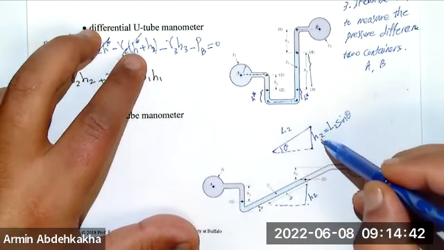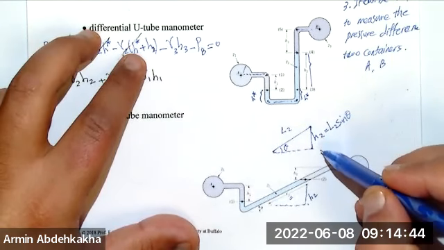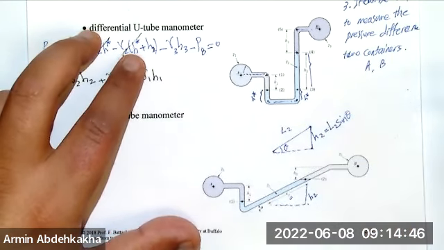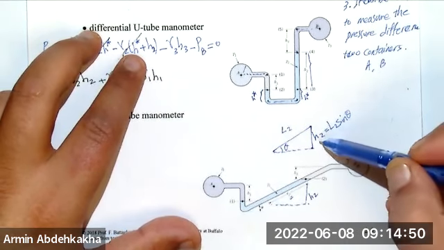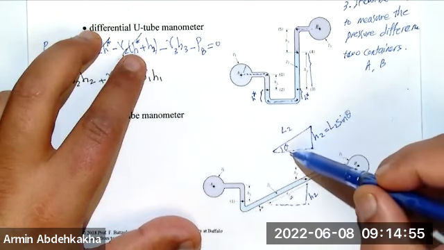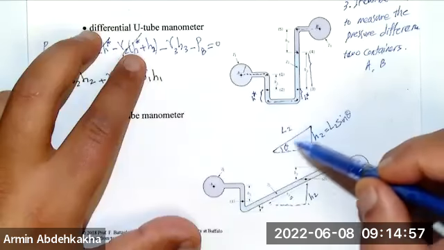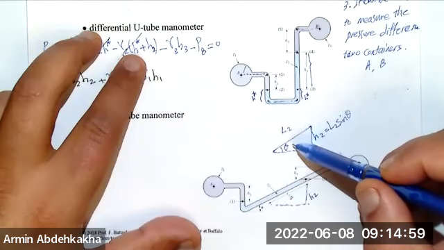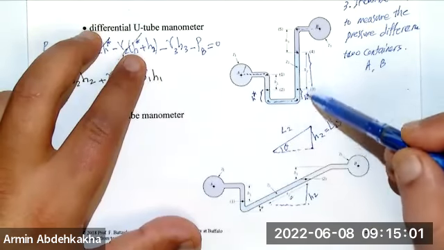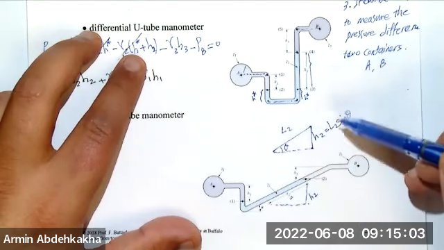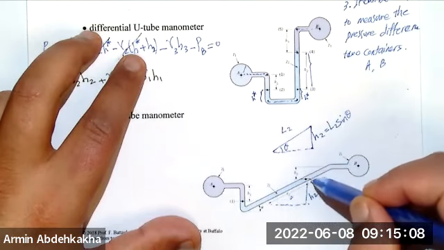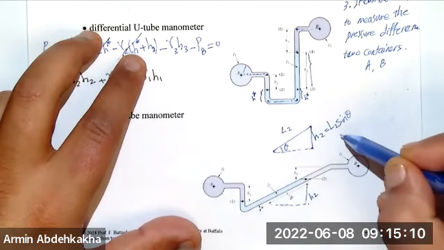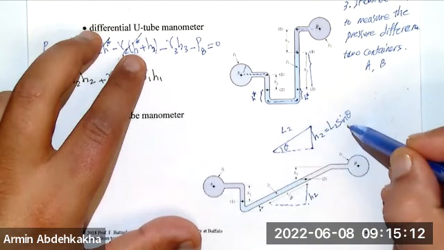Okay, so let's consider that the delta P, or the pressure difference, is very small or a constant number. Then if H2 is 1 millimeter and you decrease theta from 90 degrees to 10 degrees, absolutely L2, or the movement of the fluid in the tube, would be H2 over sine of theta, right?